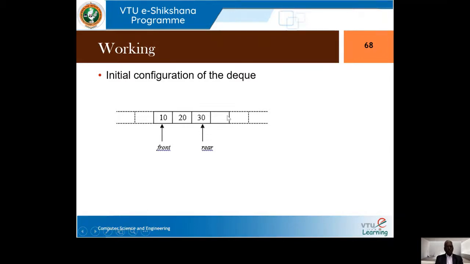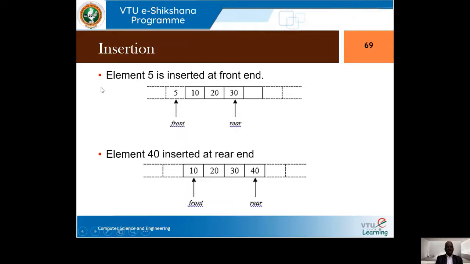That means max - 1, because the last location is addressed as max - 1, where max is the total size of the queue. That's why the dotted lines indicate that it works in a circular fashion. Similarly, the rear, if you have some space in the front, wraps around. That's exactly what we try to see here.